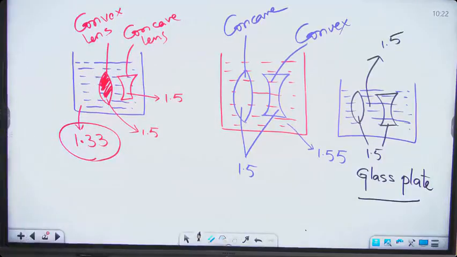Convex will behave as concave, and concave will behave as convex.